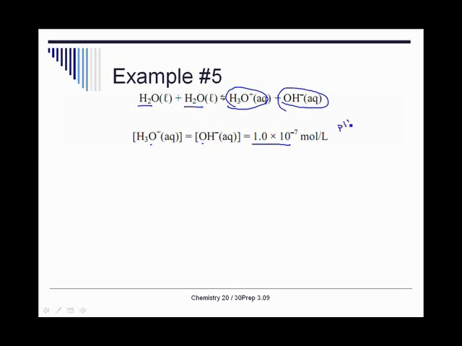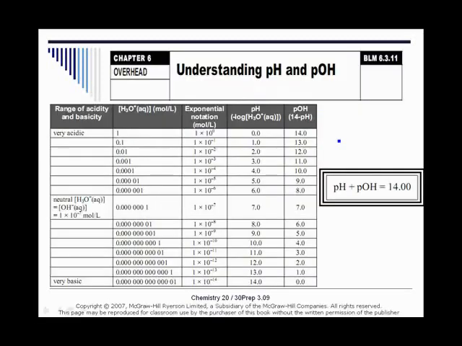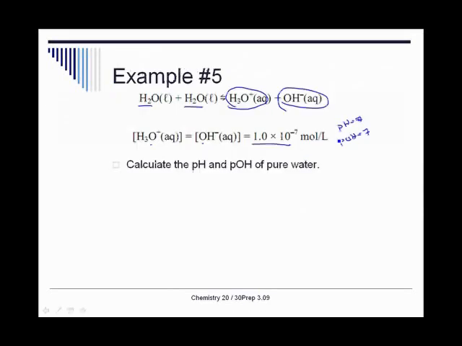This means in a neutral solution, the pH is equal to 7, and the pOH is equal to 7. Because for both calculations, it's just the negative log of our concentration. So if we calculate the pH and pOH of pure water, both would be the negative log of 1.0 times 10 to the negative 7 moles per liter.